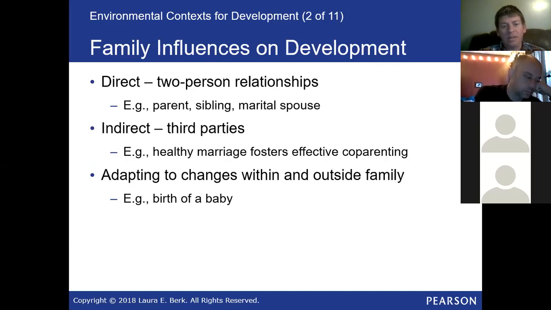Indirect are third parties. For example, a healthy marriage fosters effective co-parenting. So what it's saying is that the parents themselves are co-parenting well, but they're also acting as models if they have a healthy marriage or a stable relationship. So it's indirect modeling. Adapting to let somebody in. Adapting to changes within and outside the family, like the birth of another baby or that sort of thing. Moving.